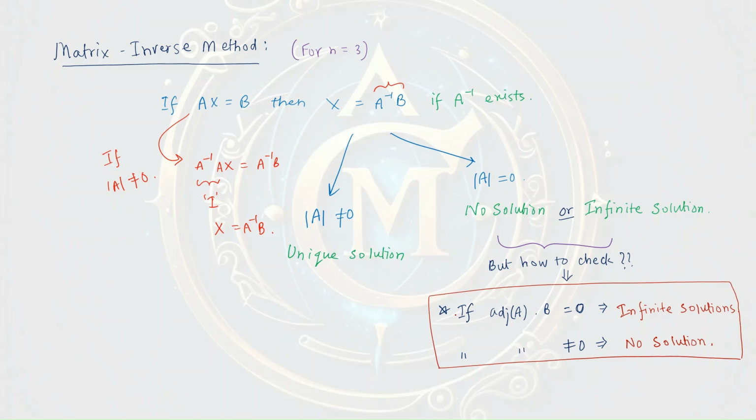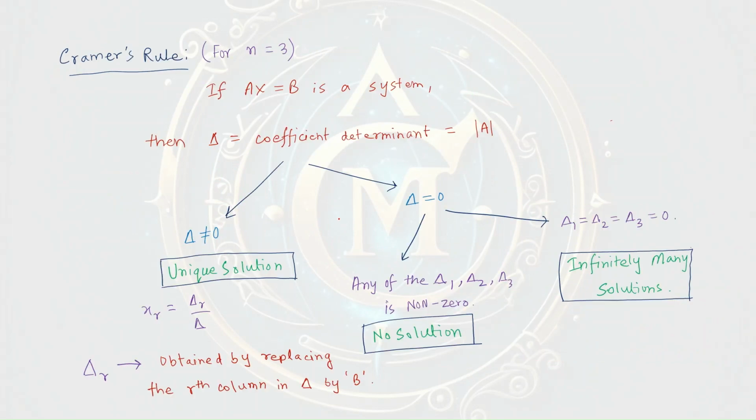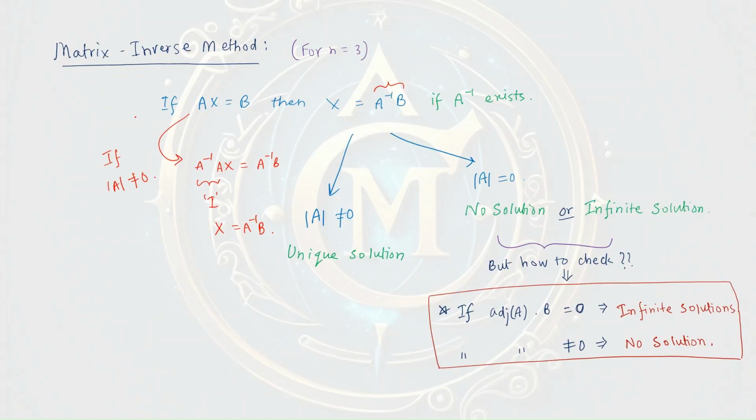There are two conditions written here. If adjoint of A times B is a null matrix, then there are infinitely many solutions. And if adjoint of A times B is not a null matrix, then there are no solutions. You have to keep this in mind. Generally, Cramer's rule is most important from the perspective of JEE because questions can be directly solved from Cramer's rule. You will hardly have to use this matrix inverse method to solve questions.